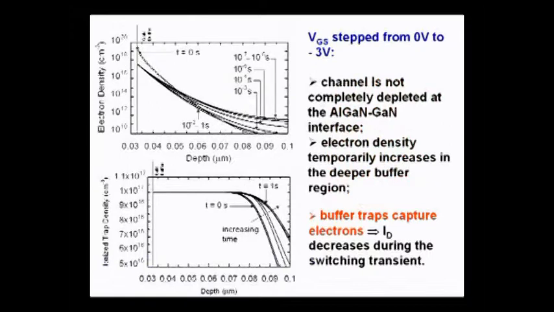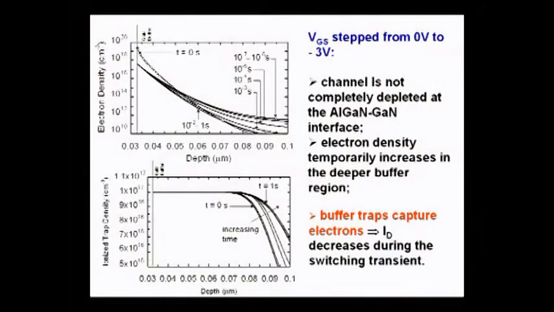Now let's start with the case in which VGS is stepped to a value which is sufficiently higher than the pinch-off. We can see that in this case the channel is not completely depleted, while electrons are injected deep into the buffer and are trapped there.